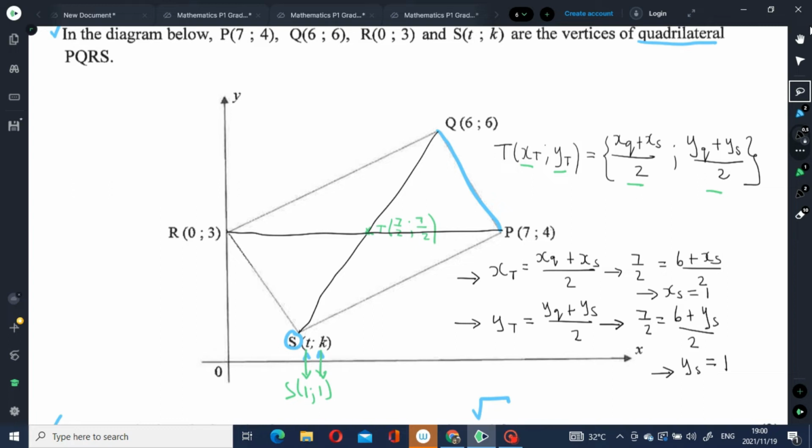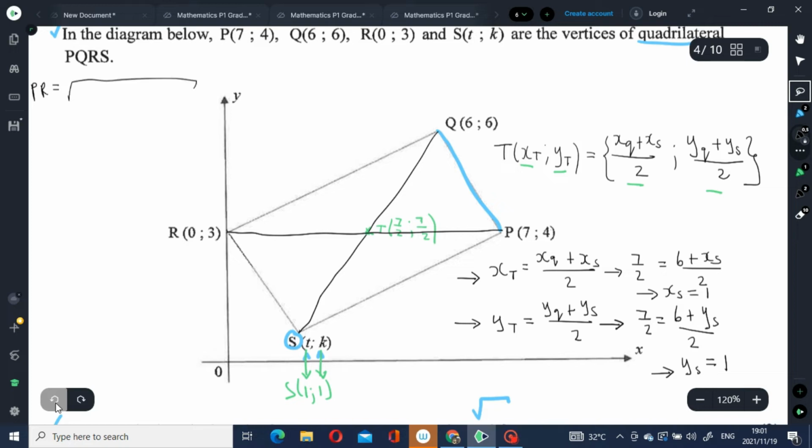Okay, so I'm going to write here on the top left corner. I think we can start with PR. PR is equal to the square root of (XP minus XR) to the whole squared plus (YP minus YR) to the whole squared.